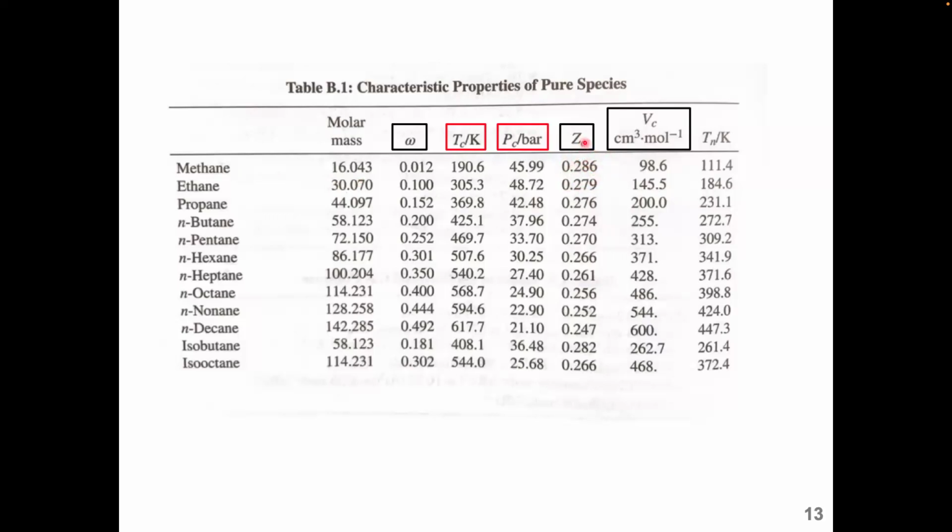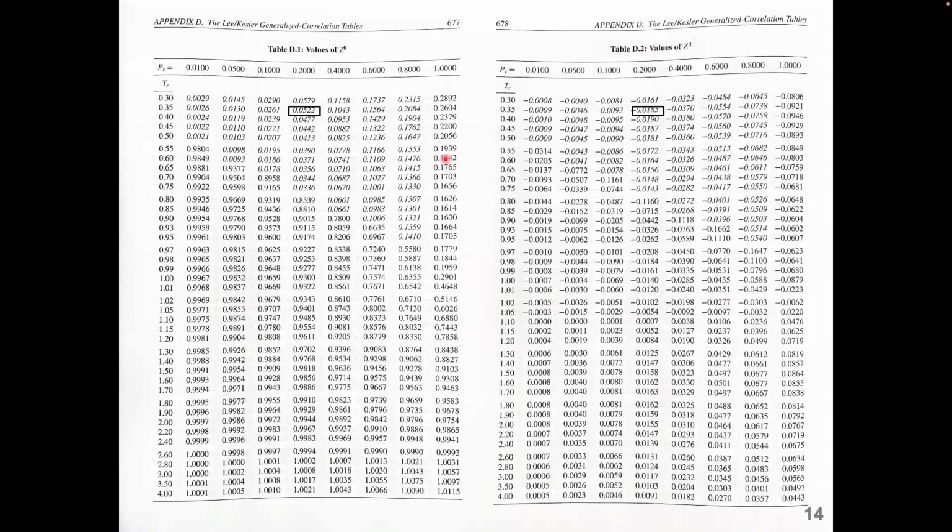ZC is critical compressibility factor. And also VC is the critical volume of your liquid. All right, so when you're talking about gas behavior, you are talking about PC, TC, omega. These are three values that you need to look up.